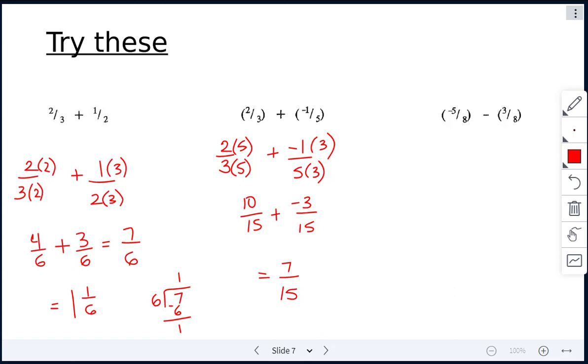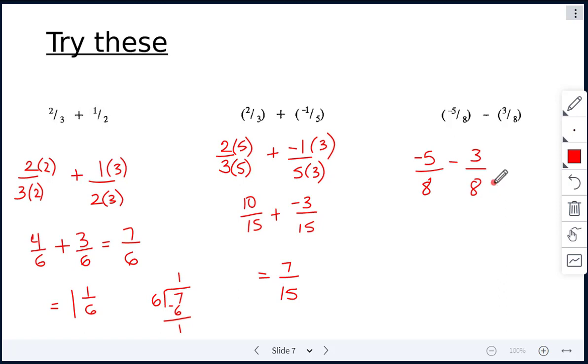So here we have negative 5 over 8 minus 3 over 8. The denominators are already the same. So write that here. So negative 5 over 8 minus 3 over 8.